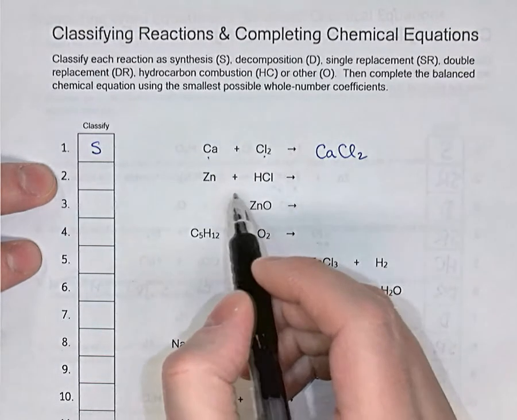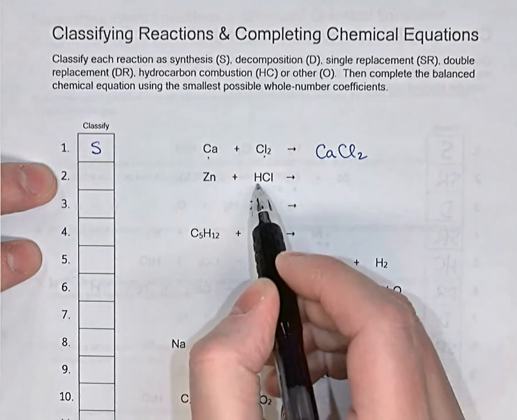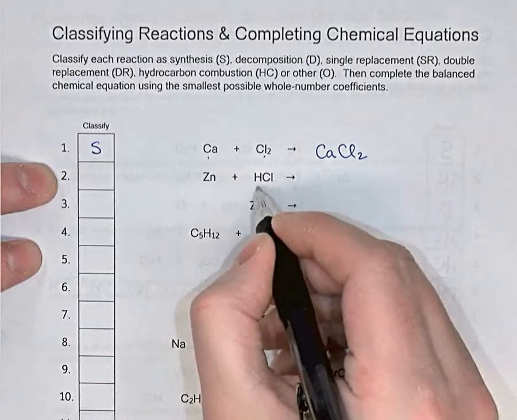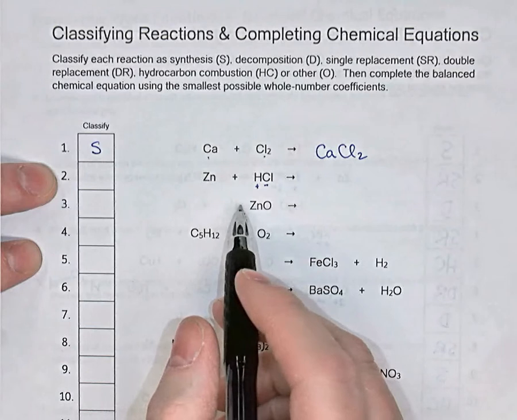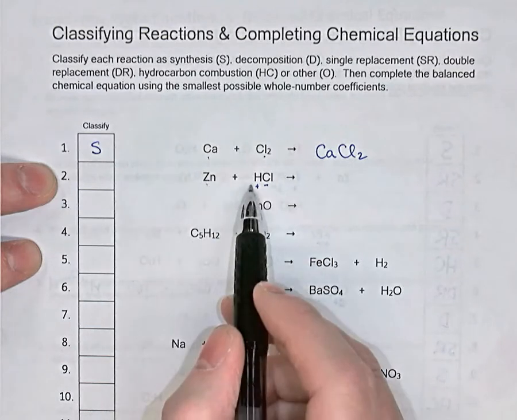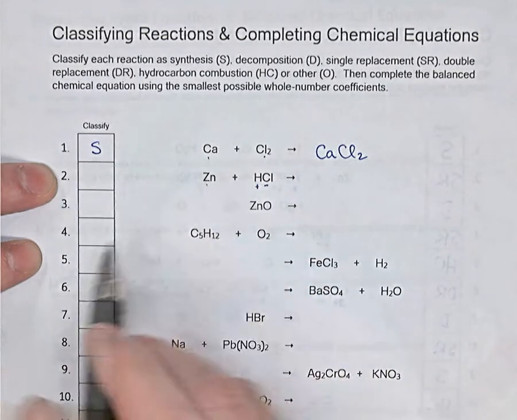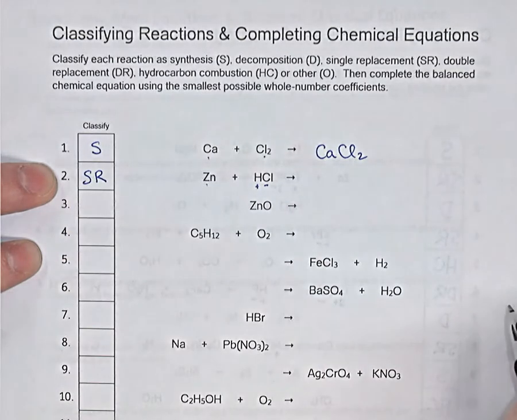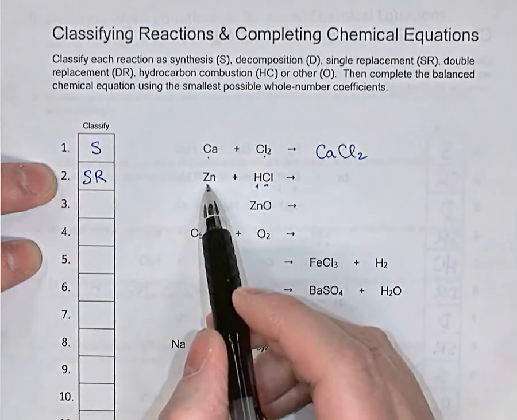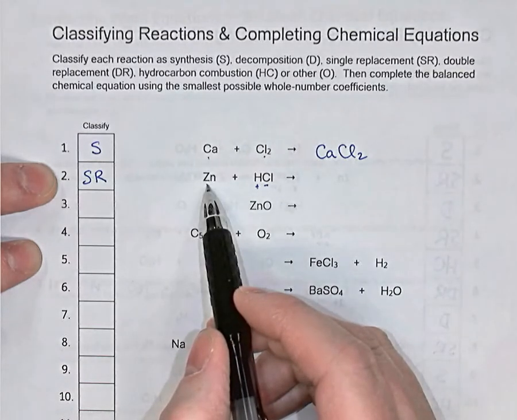In the next case, I see an element reacting with a compound, and this compound has a positive and a negative, so this is that single replacement situation. The element is looking at these 2 dancing, and he wants in there to dance. So that's a single replacement reaction. Now you look on a periodic table and you notice that when zinc reacts, it will have a charge of 2 positive.